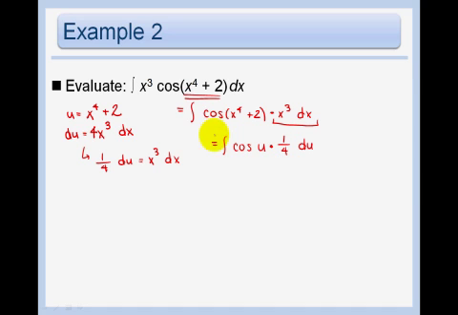Just going to pull the constant out because you can always do that, right? And the antiderivative of cosine is just sine. Don't forget your plus c. And then go back and put in your x's. So u was x to the 4th plus 2.